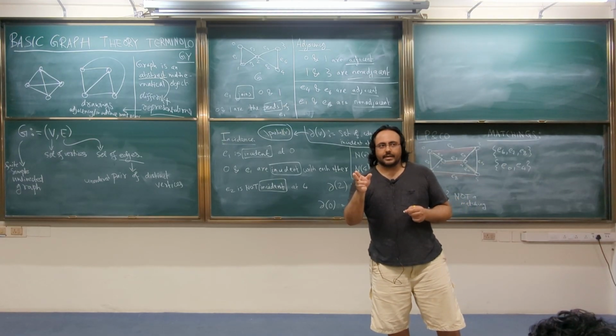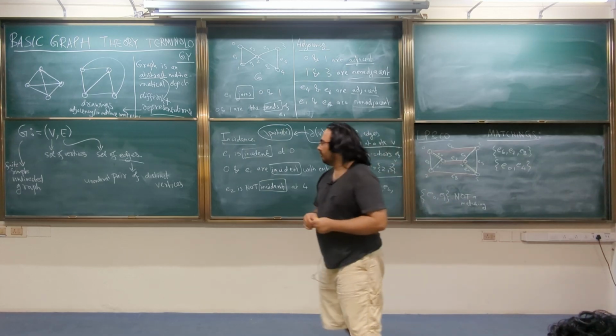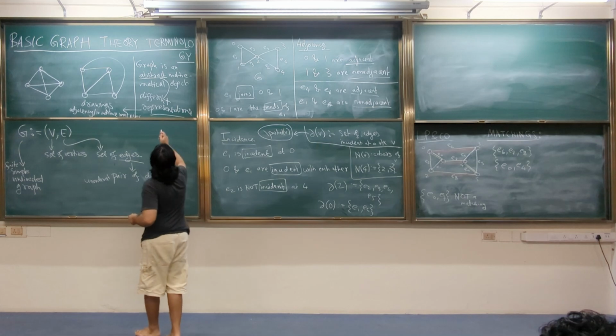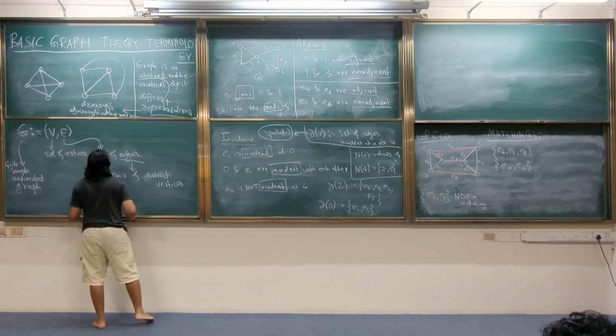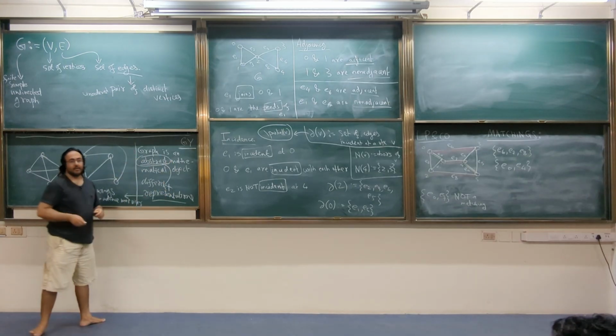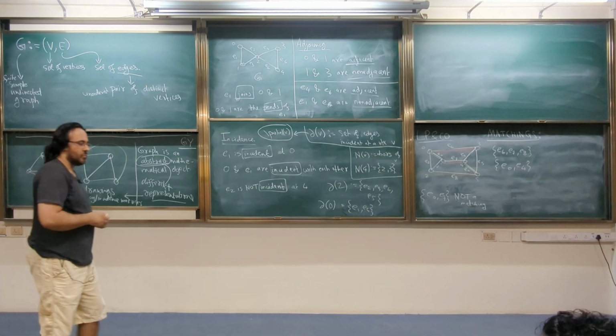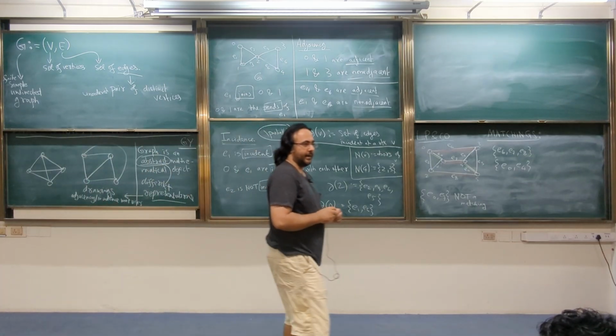When you say points and lines, we think about the drawing, the way it is drawn. All of this is irrelevant. A graph is an abstract mathematical object, and almost everything we are defining in this course for a graph has nothing to do with how it has been drawn.